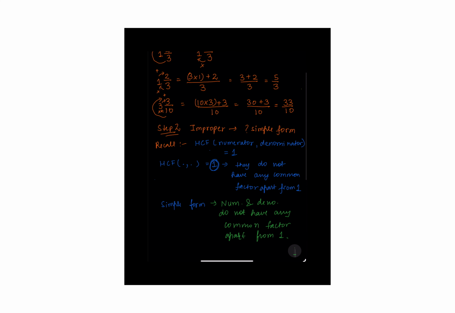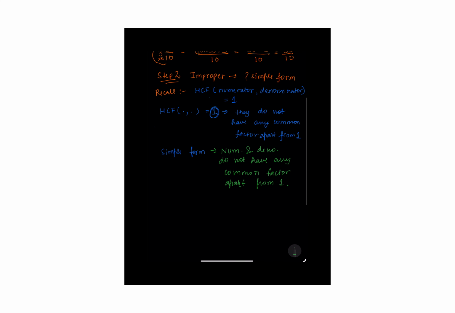So now coming back to our question, let's see the HCF of 5 and 3. We see that both of these numbers are prime. What it means for a number to be prime is that the only factors the number has are 1 and itself.